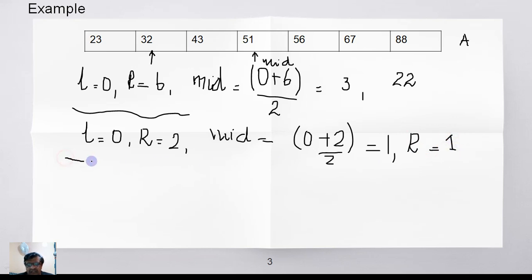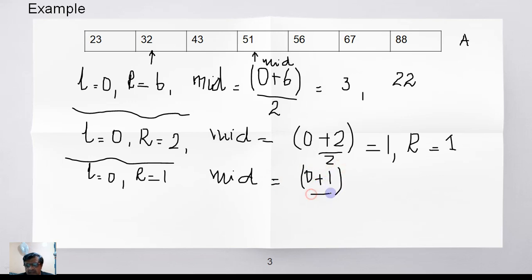So in the next iteration L equal to 0, R equal to 1, therefore mid equal to 0 plus 1 divided by 2. It will never give us 0.5, it is equal to 0 because it is integer division.